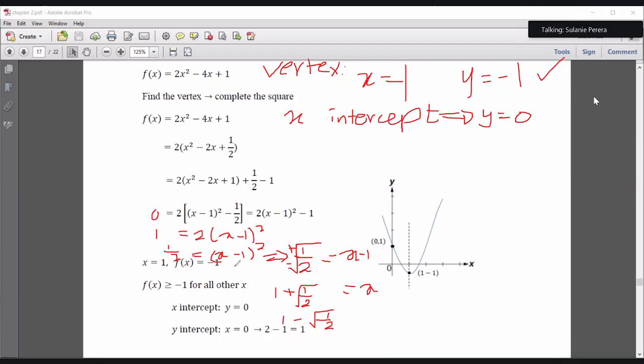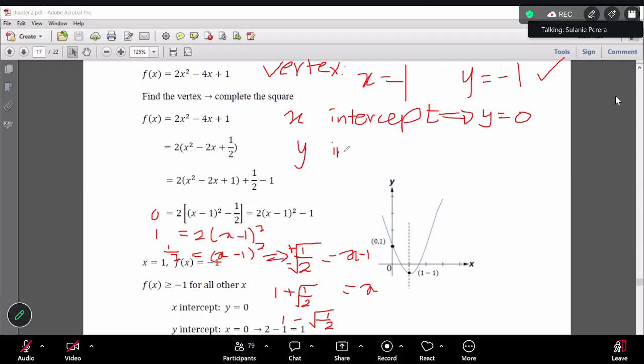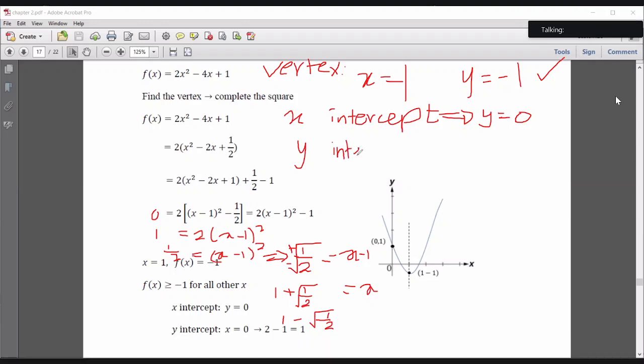And then you have to find the y-intercept. How do we find the y-intercept? For the y-intercept, you have to plug in x equals 0.